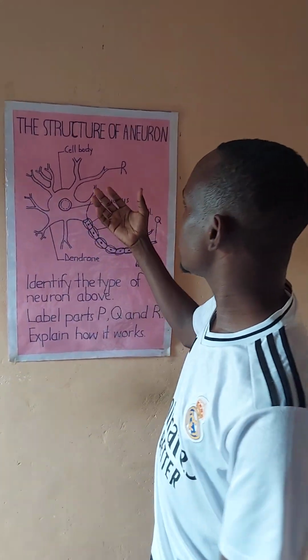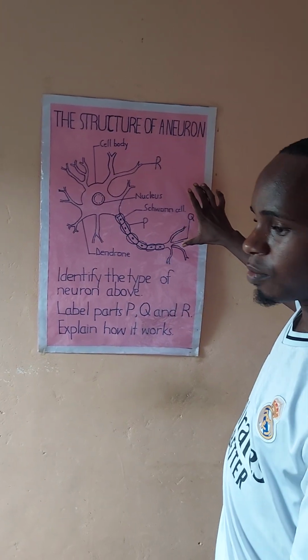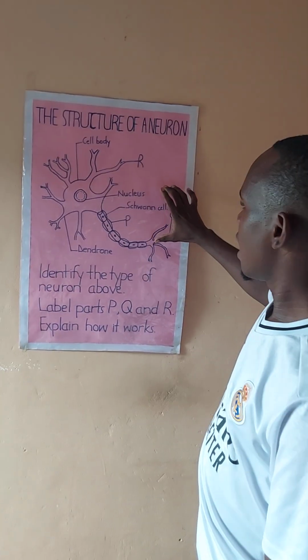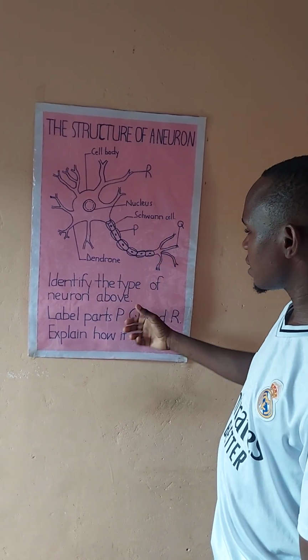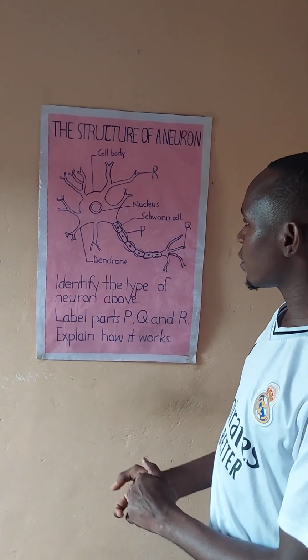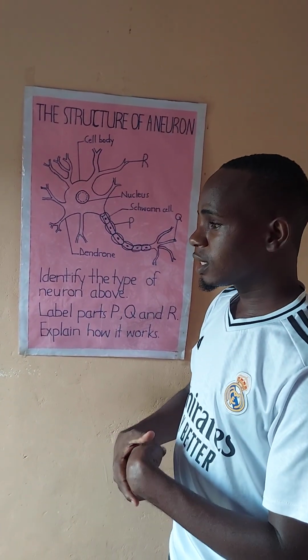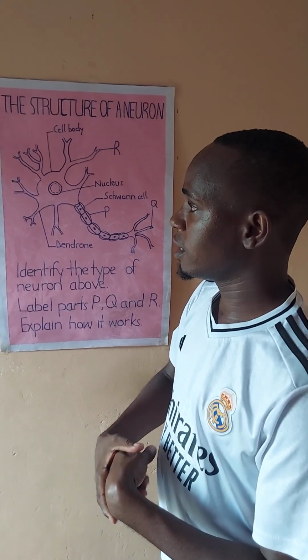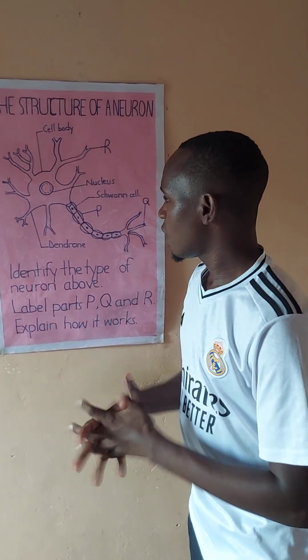You managed to identify that this structure is the motor neuron, and from there you identified the parts. In our next lecture, we shall continue from there, looking at the sensory neuron.